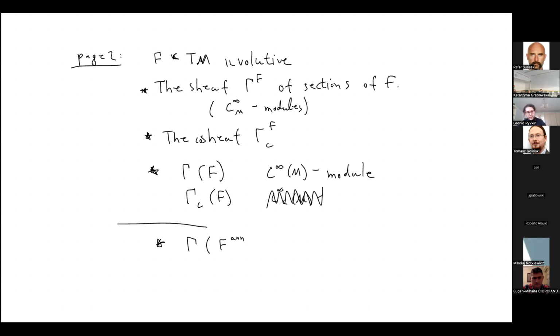If you think of sheaves as sections of a bundle, you can think of co-sheaves as compactly supported sections of this bundle. The idea is that if you have U inside V, then you have a map from gamma V to gamma U, which is the restriction, and the sheaf axioms are built around this.